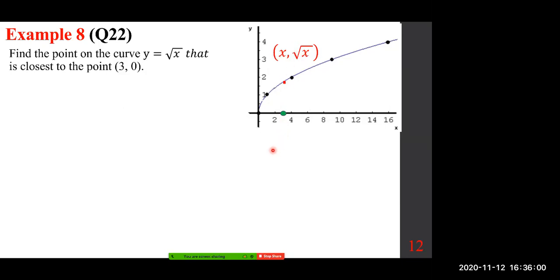Everybody remembers the distance formula, right? X minus x sub 1 squared. So x minus 3 squared plus y minus y sub 1, y sub 2, square root of x minus 0 squared under the radical. This is the distance formula, okay?